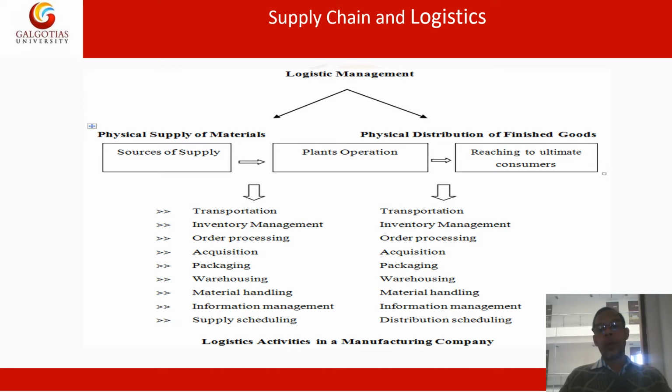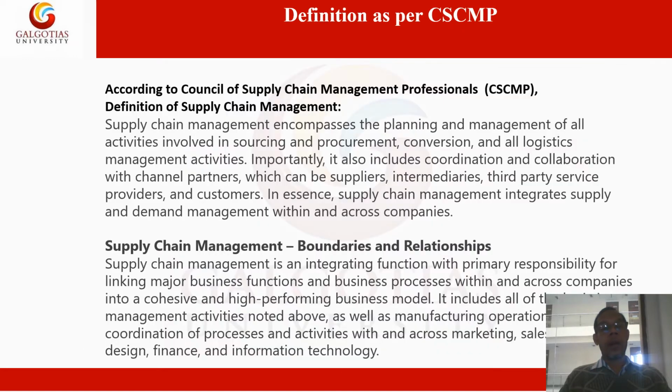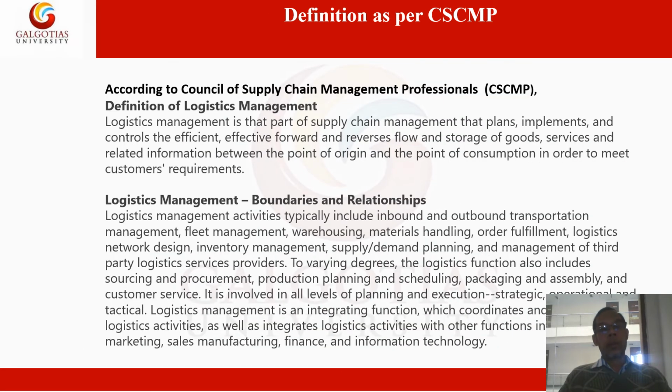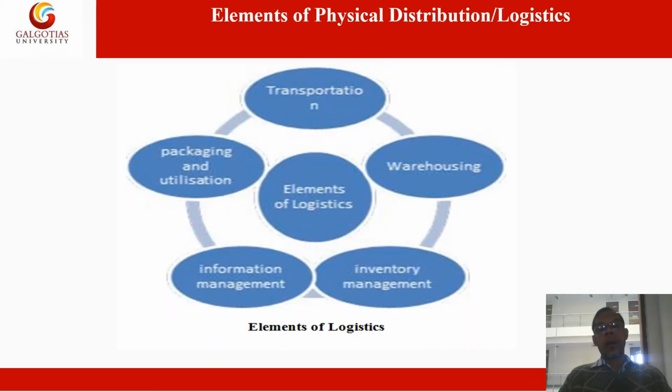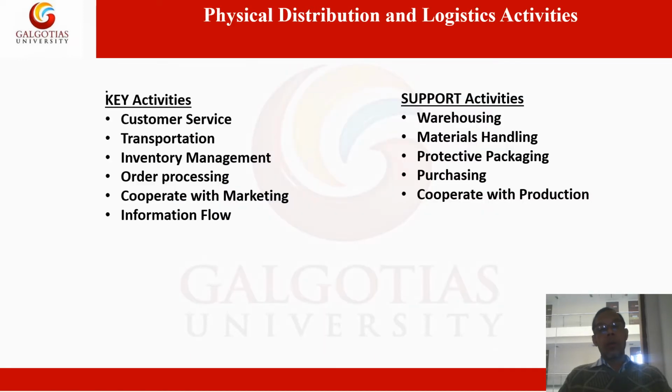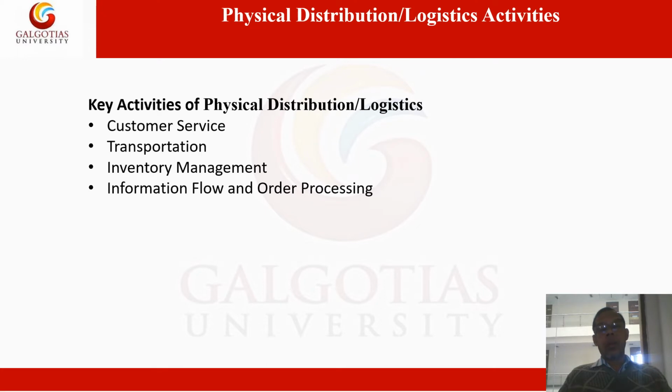So this is in addition to the common activities. The main activities, the key activities of physical distribution are the customer service, the transportation management, the inventory management, and information flow and order processing.